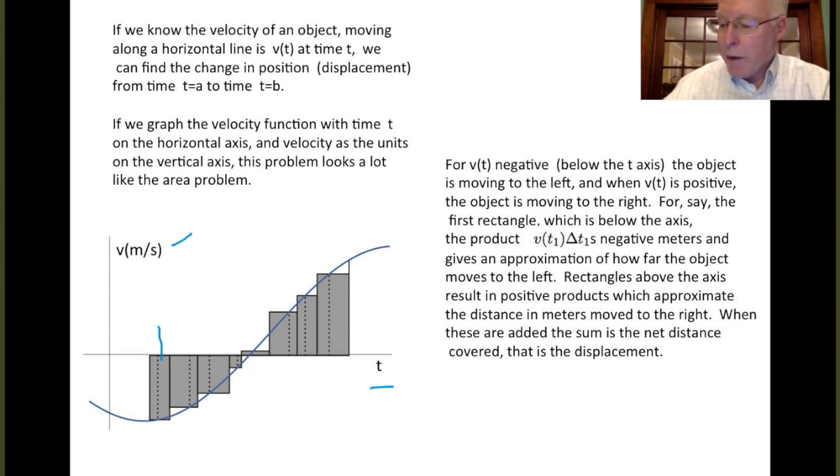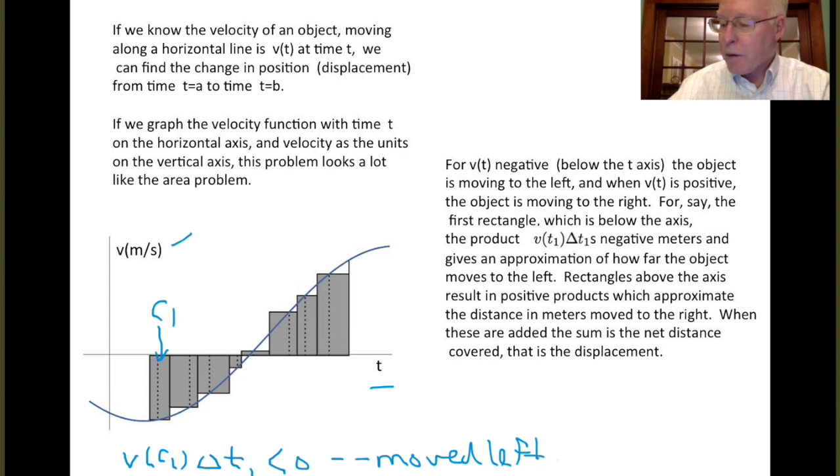So this first rectangle down here, which is below the axis, we see that the v value at the point C1, which is where that dotted line is, is negative, and the length of that interval, we'll call it delta t1, represents a small time. This result will come out to be negative, and that tells us the object moved to the left.